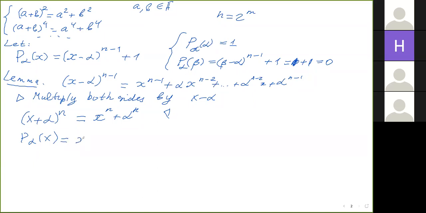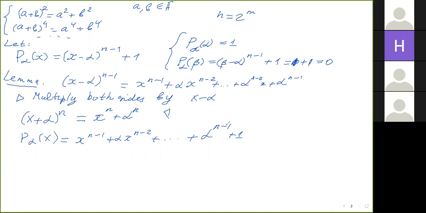So the leading coefficient is 1, that's usual. And the next coefficient is alpha, and so on. The last coefficient is alpha to the n plus 1, plus 1, which is either 1 or 0, depending on whether alpha is 0 or not.